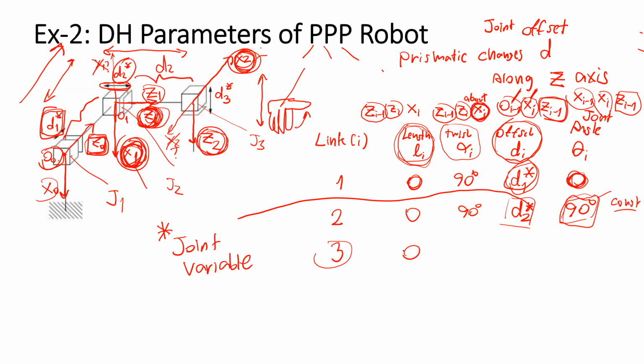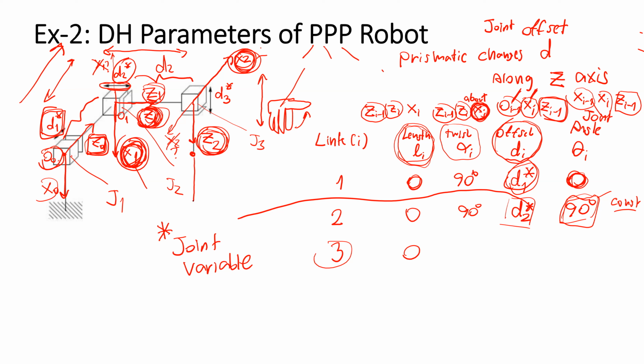The twist is measured from C1 to C2 about X2. Oh, we already did this. Okay, I have one mistake. I forgot to put the end effector frame.